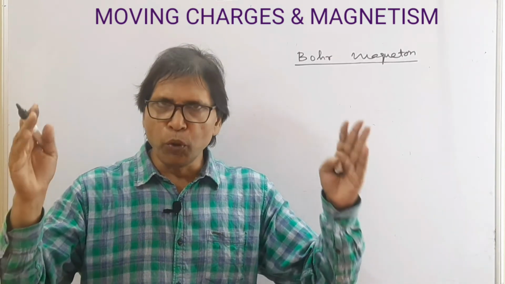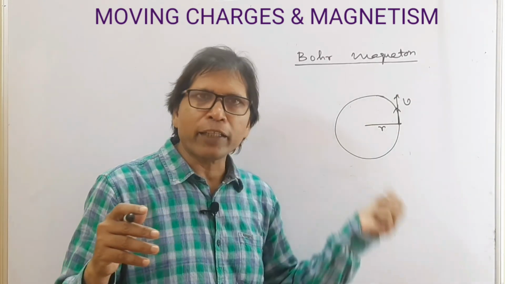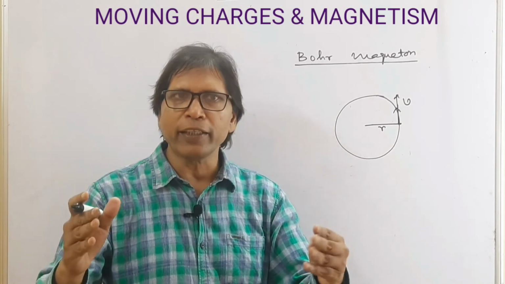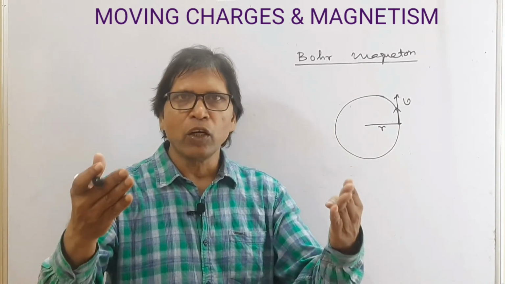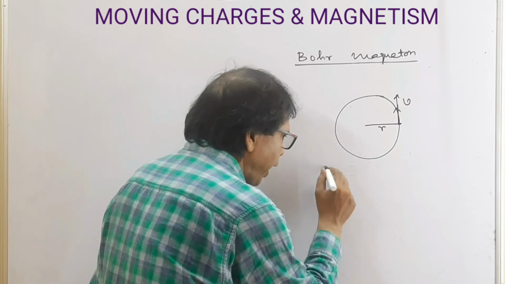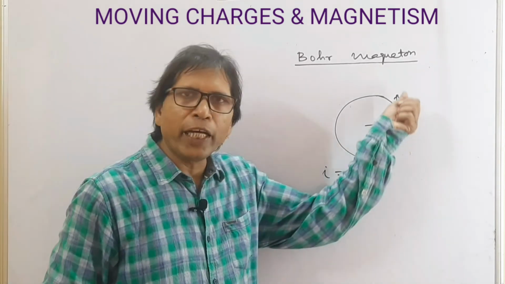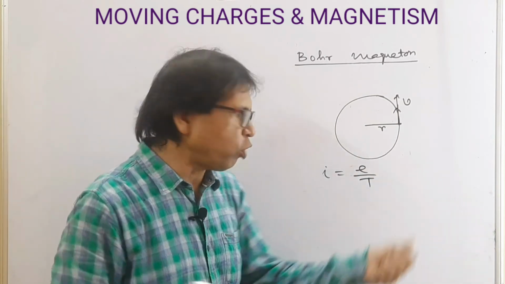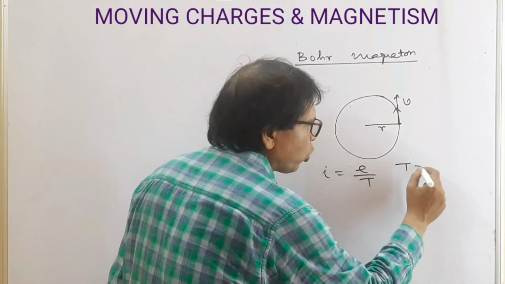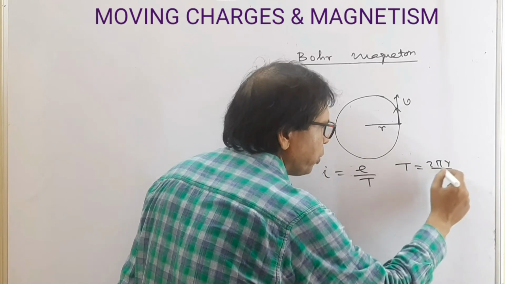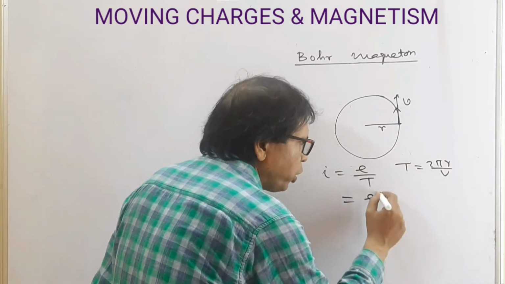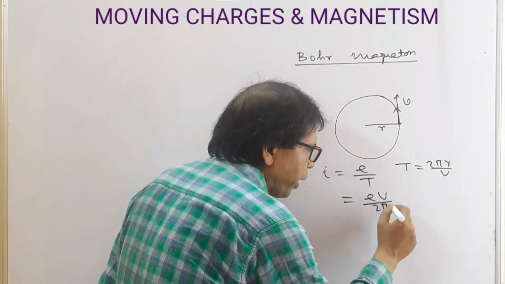Understood? Now Bohr magneton. If an electron rotates in a circular path, it constitutes current. What is the current? The current I equals charge by period of revolution. If v is the speed of the electron in the circular path, then T equals 2 pi r by v. So current is equal to ev divided by 2 pi r.